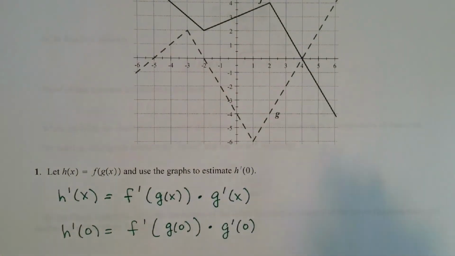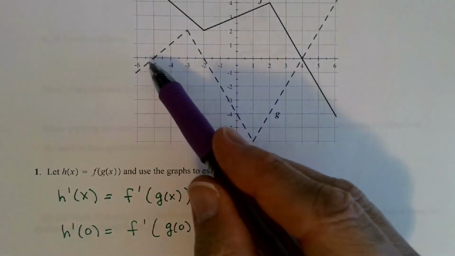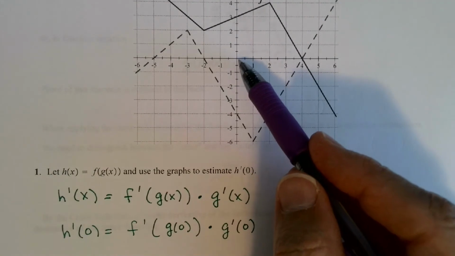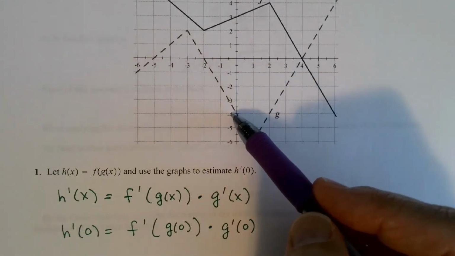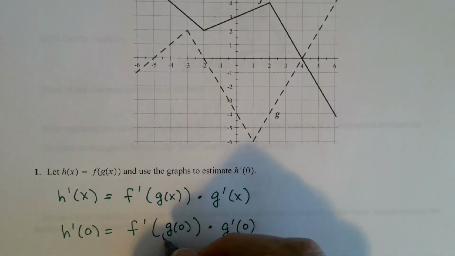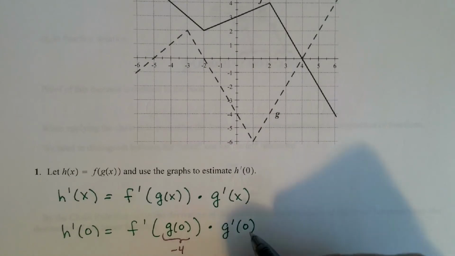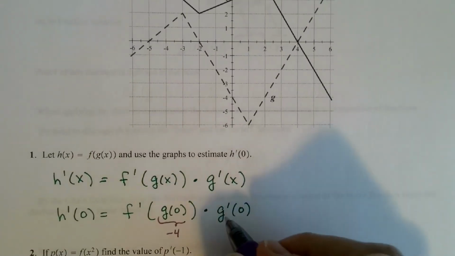How do I find g of 0? Well, g is the dashed line here, right? What is g of 0? It's simple. Input 0: when x is 0, what's the output? Negative 4, right? The point (0, -4) is on the graph of g, so g of 0 is equal to negative 4. And then g prime of 0, what's g prime of 0? Remember, that's the slope of the graph at 0.